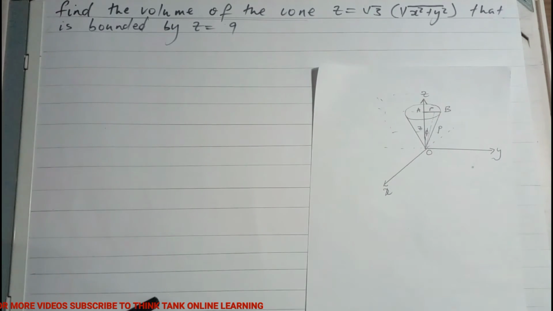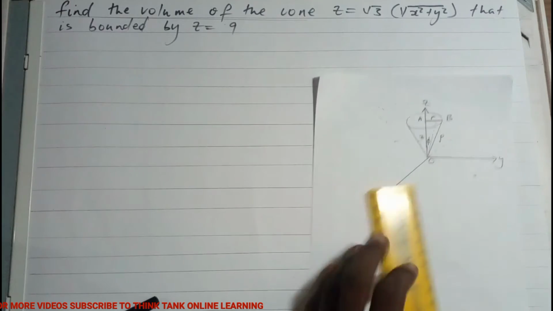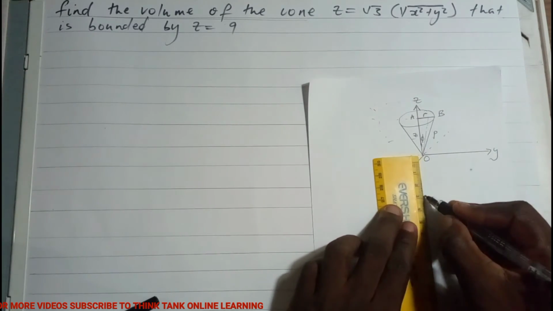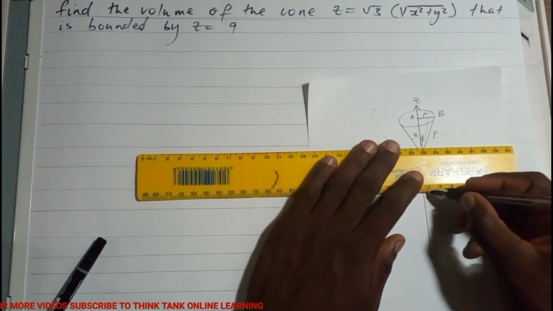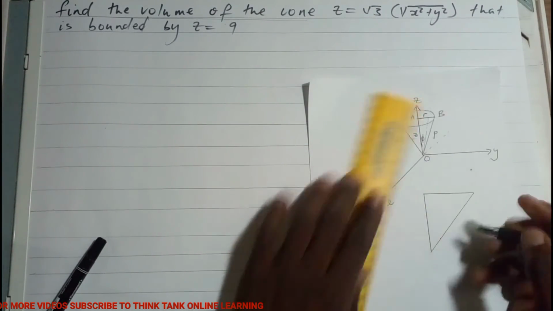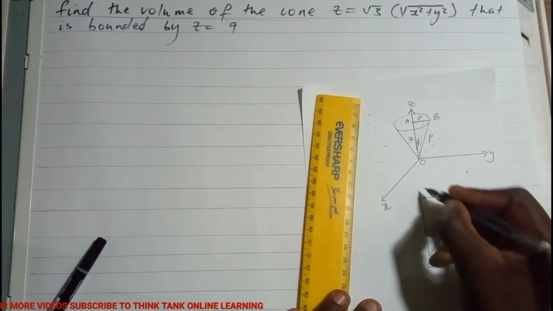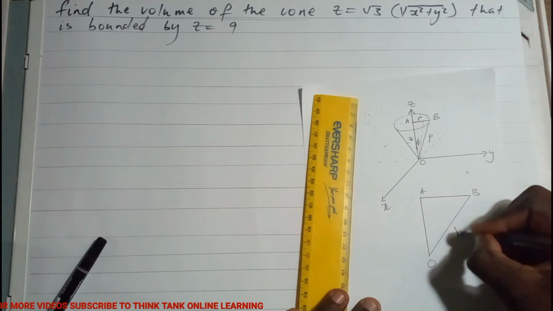So what I'm going to say, I've decided to draw the cone here so that I won't run out of space. Okay, so what we're saying, I'm going to draw the triangle A or B. Okay, so this is O, this is A, this is B, and I've said this is rho.